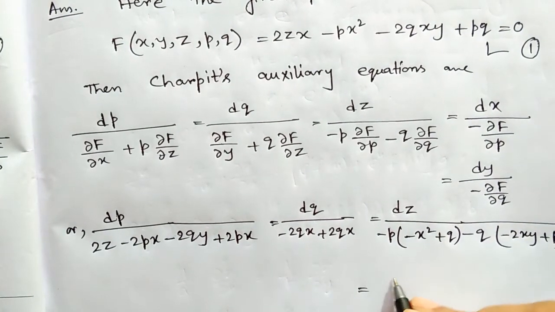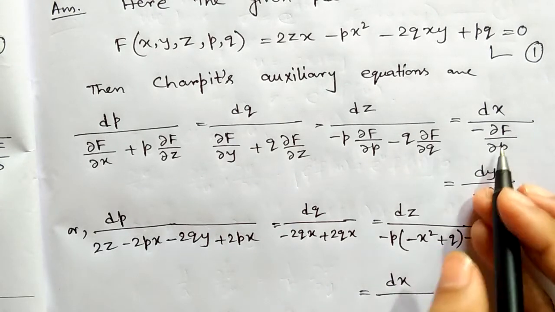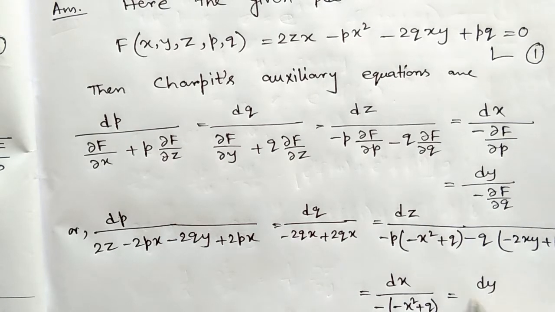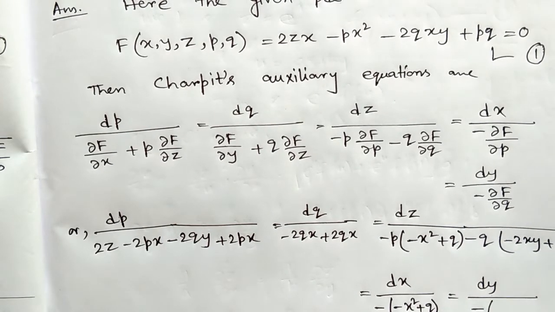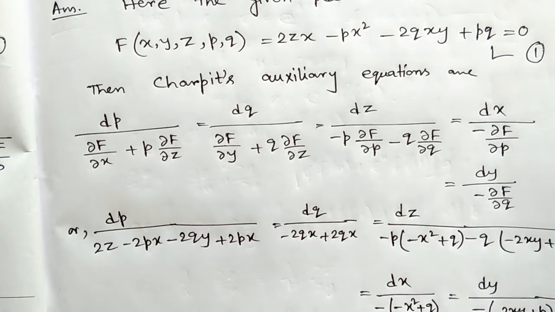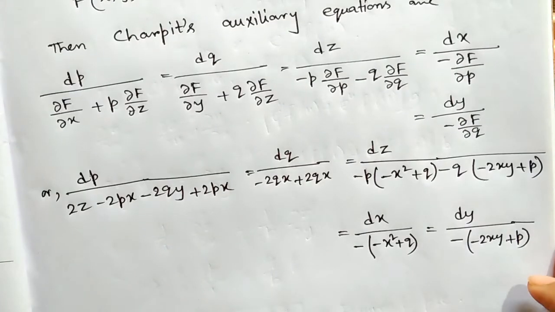Then dx by minus plus q, then dy by minus 2xy plus p. Just write this value.